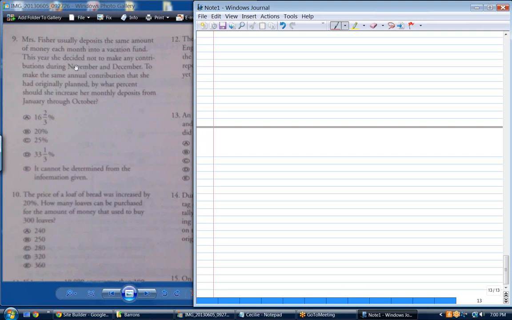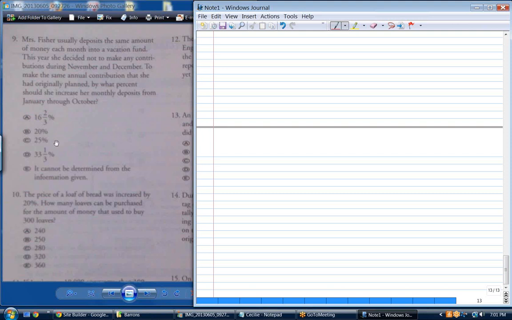In other words, if you're looking for a clue as to when you should use pick numbers, this is a good case. Because they didn't tell us that she deposited $10 per month into the vacation fund, some amount. Whenever they don't tell you the amount, then we can make it up. And it'll be so much easier if we're working with some concrete numbers to figure out this answer.